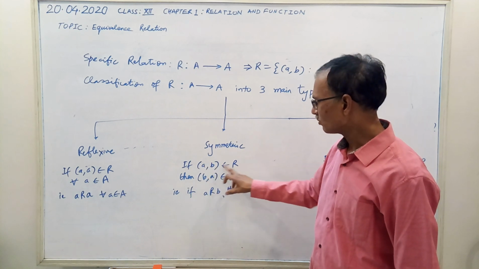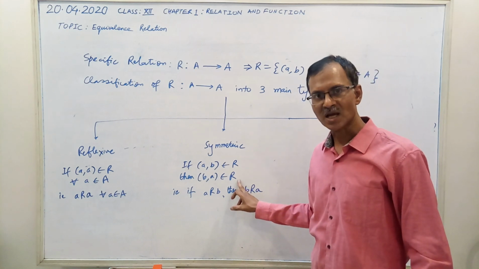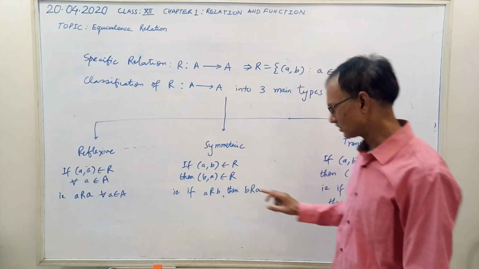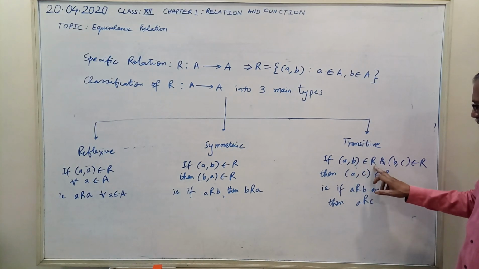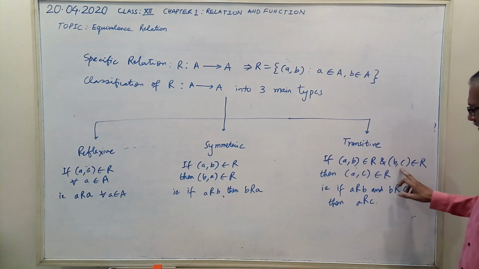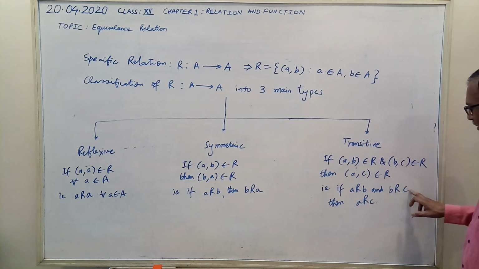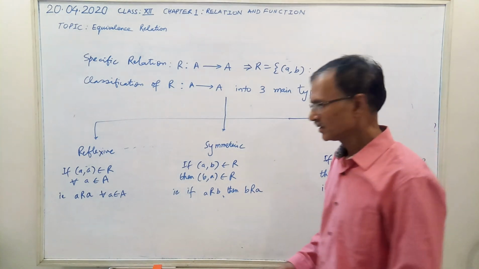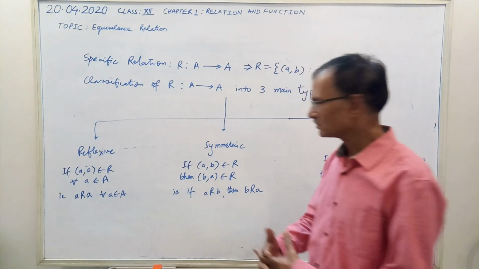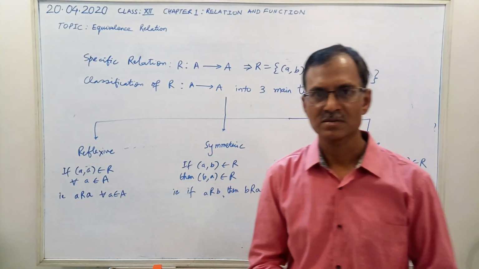That is, if (a, b) belongs to R, then (b, a) necessarily belongs to R. This type of relation is called a symmetric relation. And a transitive relation is that relation in which if (a, b) belongs to R and (b, c) belongs to R, then necessarily (a, c) will belong to R. That is, if a is R-related to b and b is R-related to c, then a will necessarily be R-related to c.